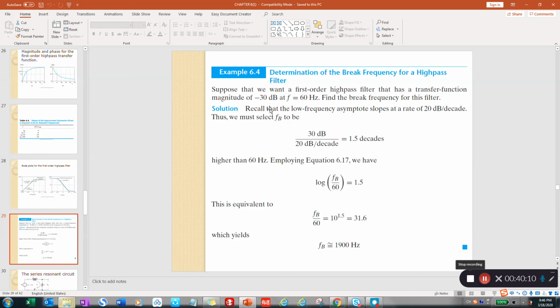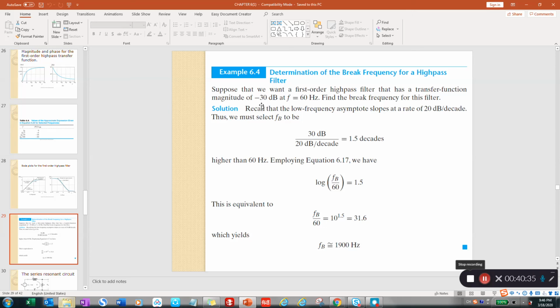Then we know that for the high-pass filter, if the frequency is less than the break frequency, for each decade it is going to reduce by 20 dB. At 60 Hz, it is negative 30 dB, meaning it is reduced by 30 dB.